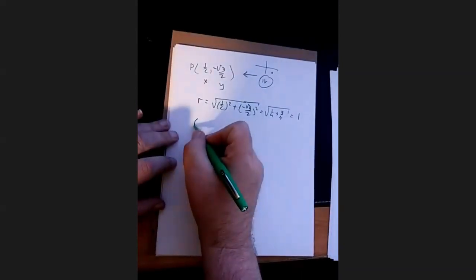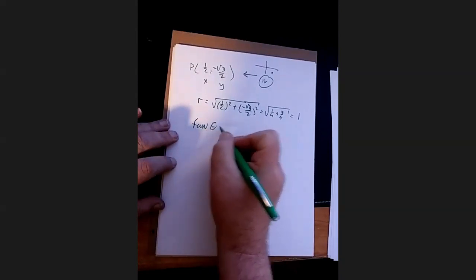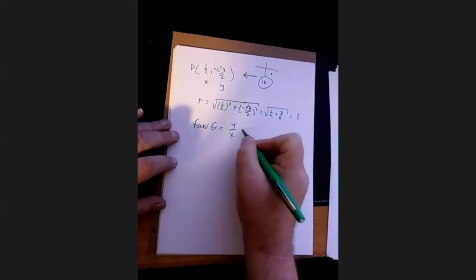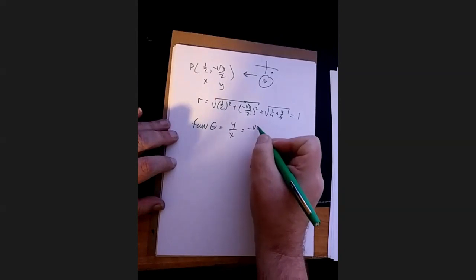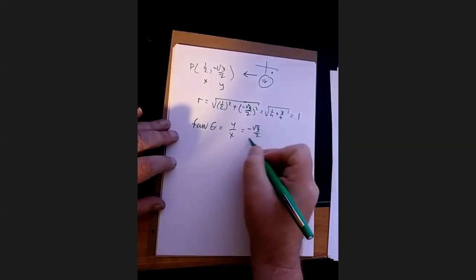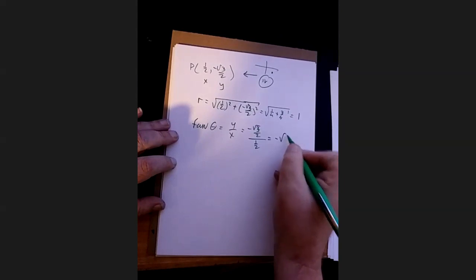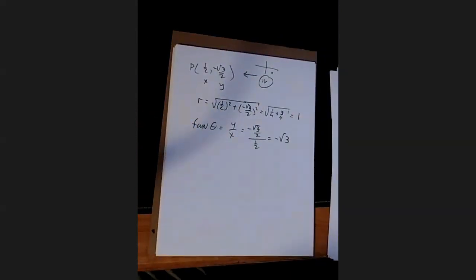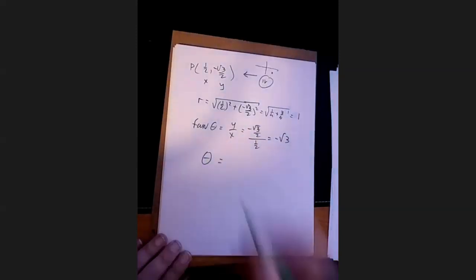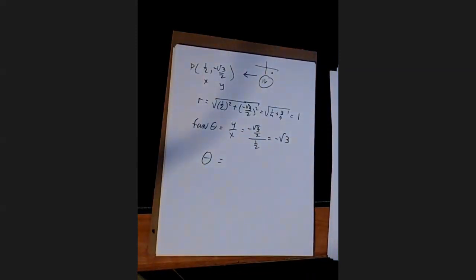Now, the tangent of theta is the y over the x, so it's this fella over this fella, which ends up being that fella. Right, there is an angle in the unit circle whose tangent is negative root 3. It's at 5 pi over 3.